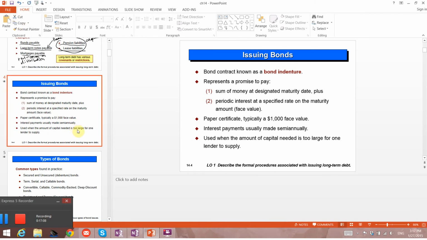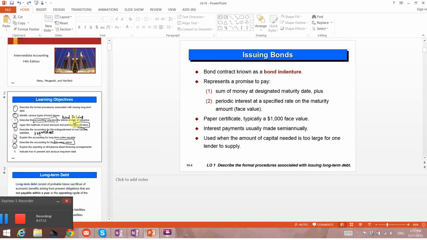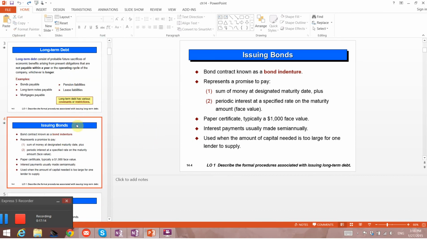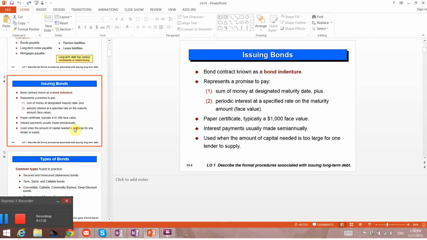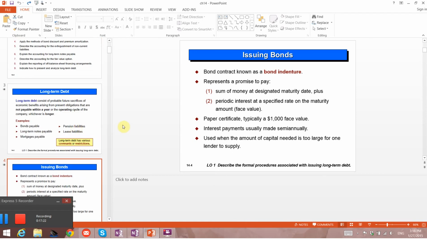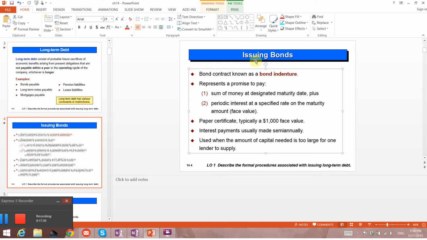So now let's look at the bond issuance. First of all, bond contract is known as bond indenture.